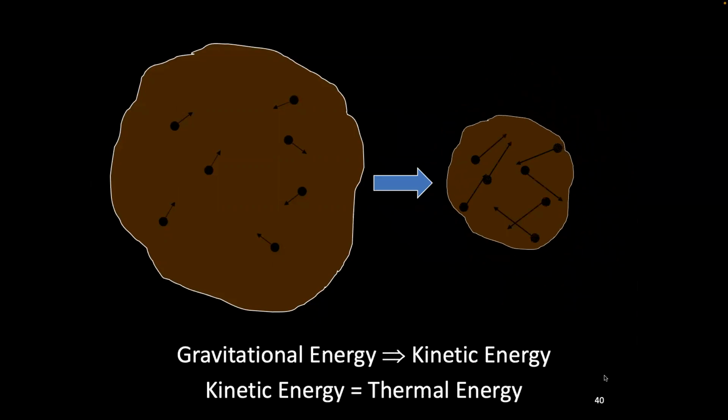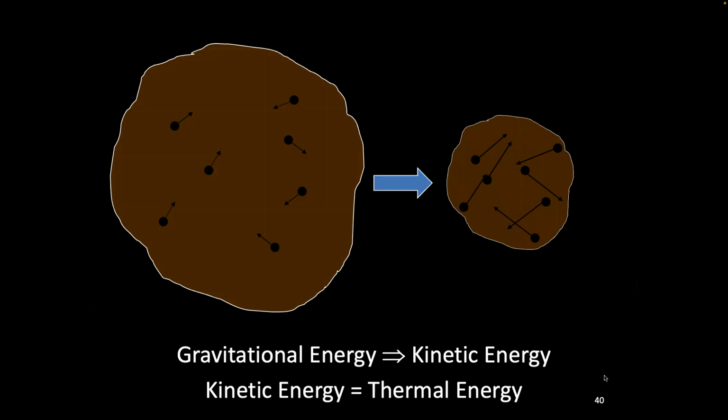As you shrink it, they bounce into each other more. And in fact, that gravitational potential energy, just like you were talking about, becomes kinetic energy of the individual particles. And the individual particles we can think of as the thermal energy.